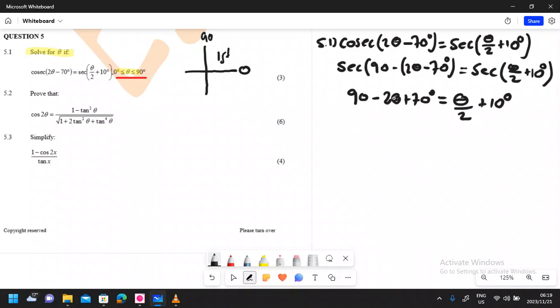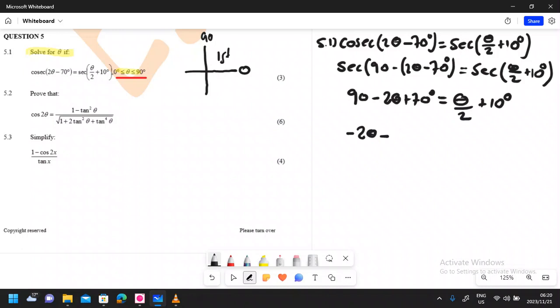Okay, now it's time for us to group all the angles together, the theta together and the angle together, guys. So if we take this half theta, first of all, let's take this 2 theta this side, let's leave it here, and take this half theta this side.